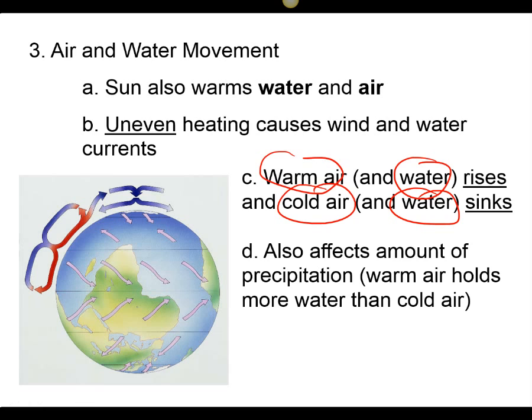Warm air and warm water is less dense. So if you have a cup of water, if you have stuff that's more dense on the bottom and less dense, it'll be on the top. Same thing with air. And where the more dense and the less dense meet, there's a mixing, and that causes wind and currents.